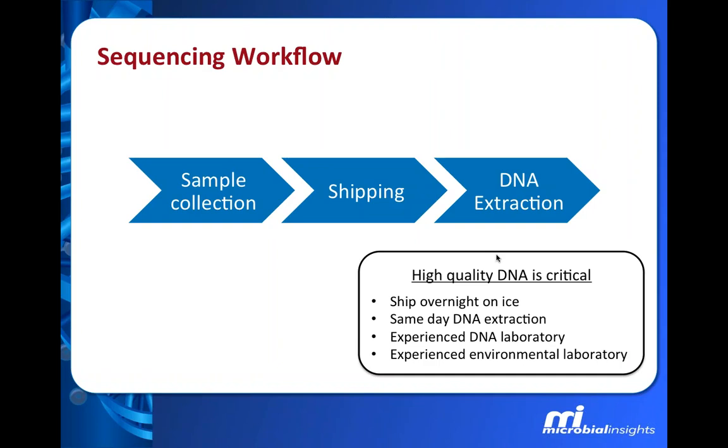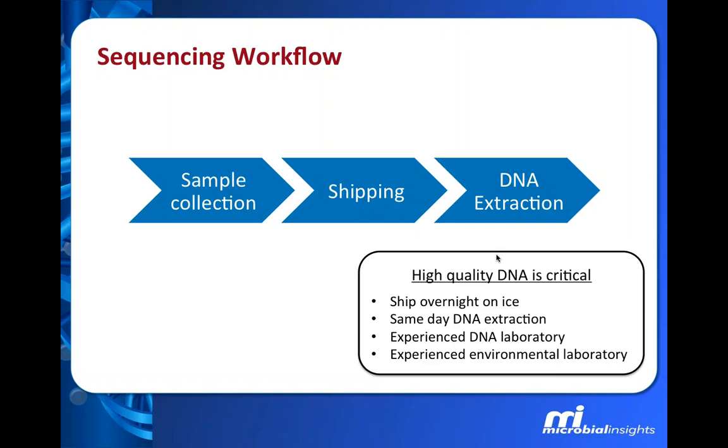In order to do that, we have to think all the way from sample collection all the way through the process, because high-quality DNA is even more critical here than it is for most of the other molecular tools that we use. So be sure that when you collect your samples, you're keeping them on ice in the field, you're shipping them as quickly as possible to the lab, and make sure the labs are doing the extractions very quickly, because our microbial communities can change over time.